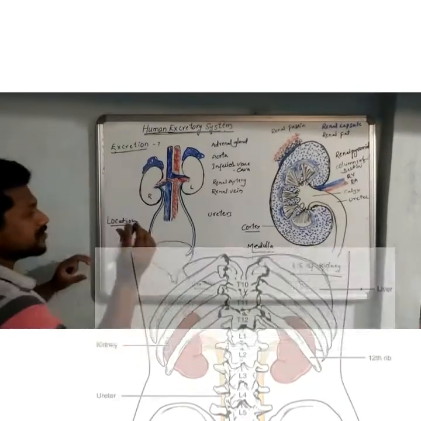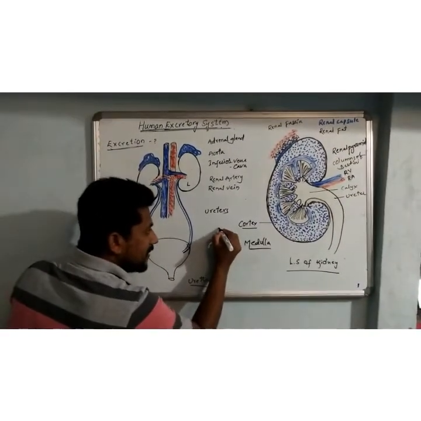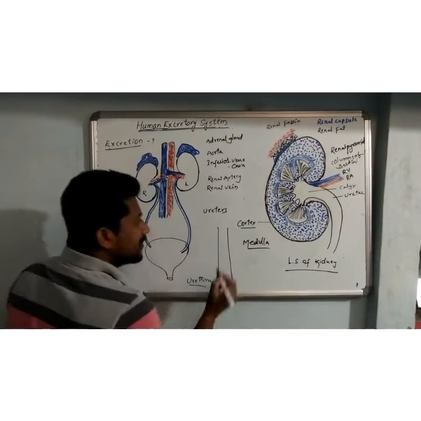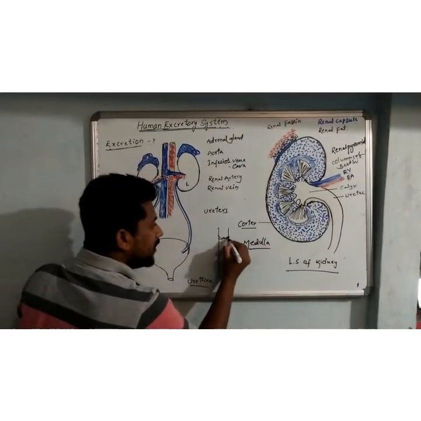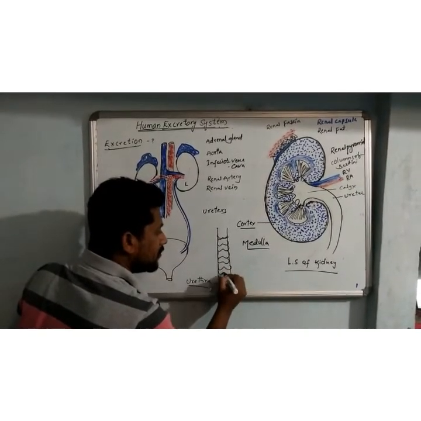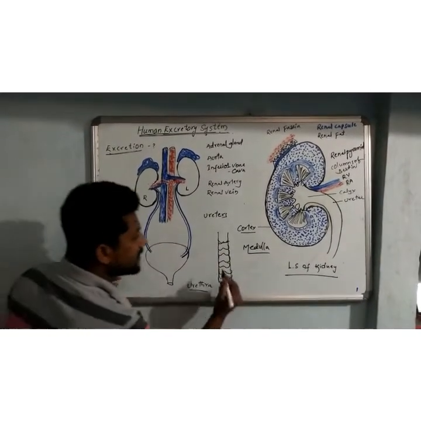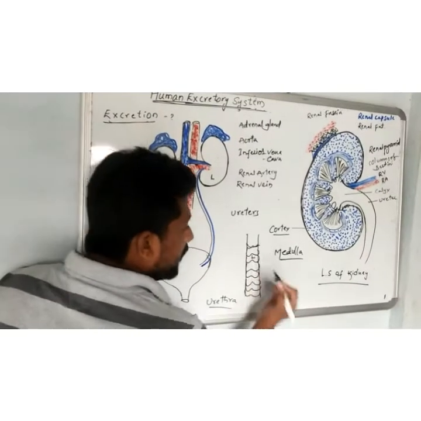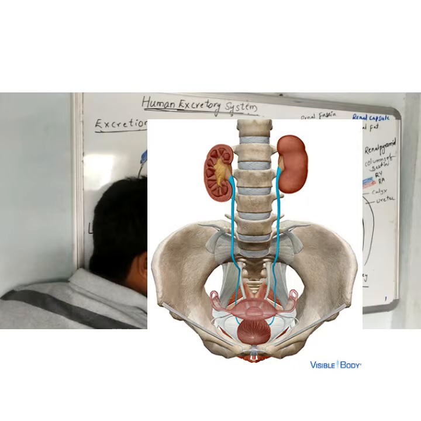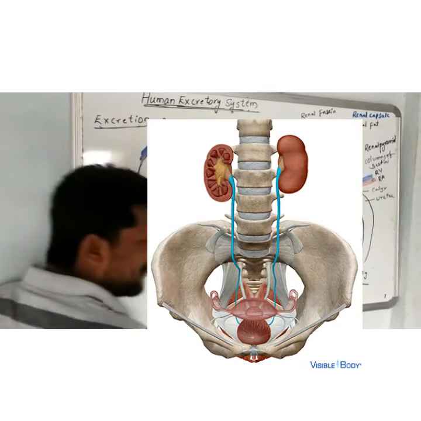To understand easily, for example, this is the vertebral column: L1, L2, L3, L4, L5, like that.